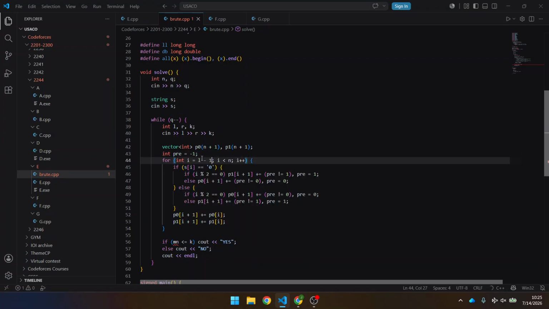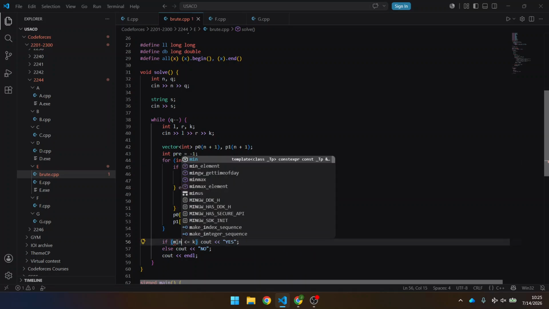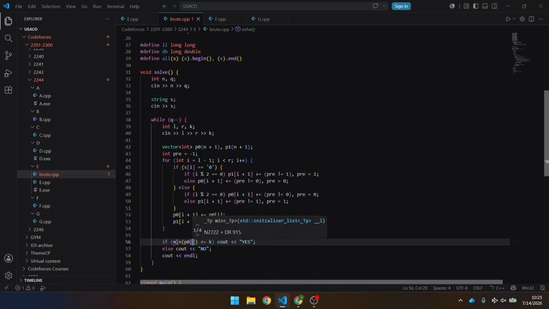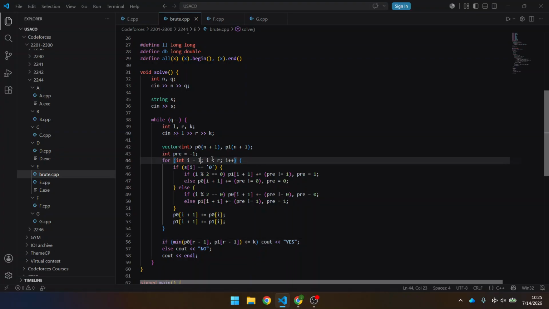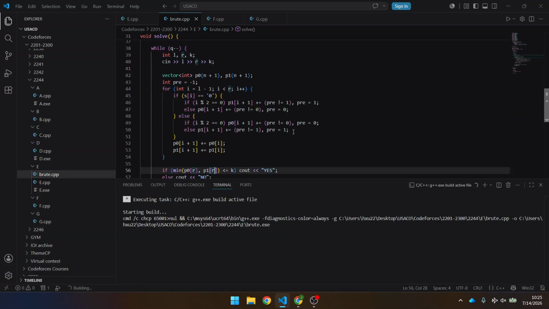So we start from L minus 1. We go all the way to R. E1, R minus 1. So P0R, P1R. Okay.